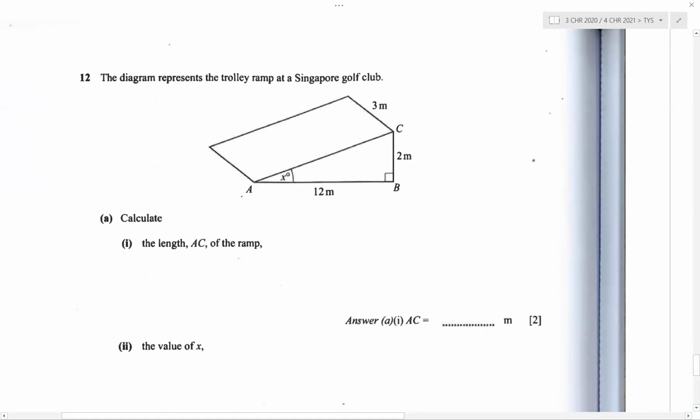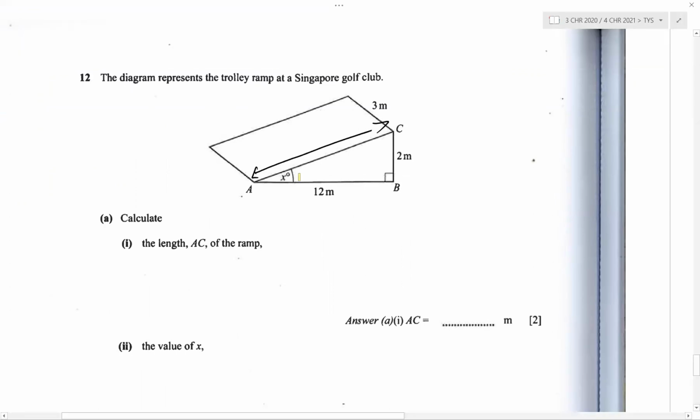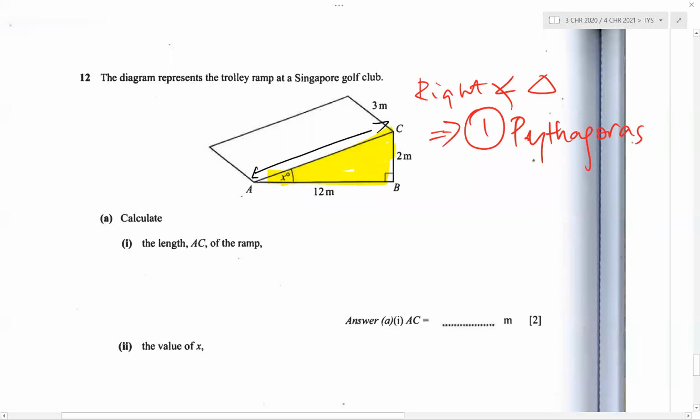Okay, now the length AC of the ramp. We will see that it belongs to a right angle triangle. Right angle triangle, straight away must think of two things. One, Pythagoras theorem.